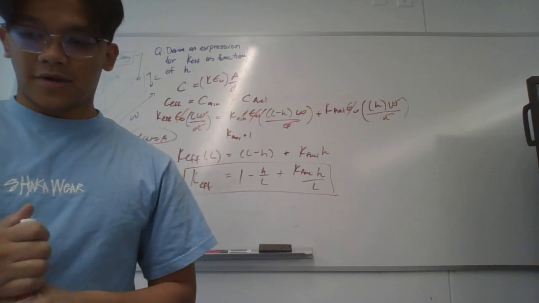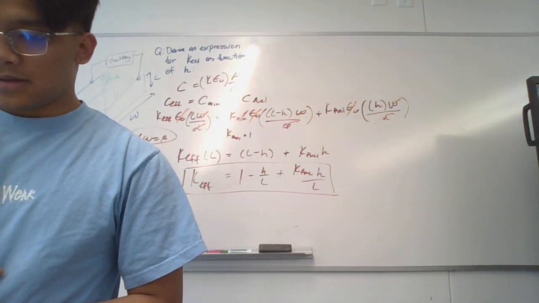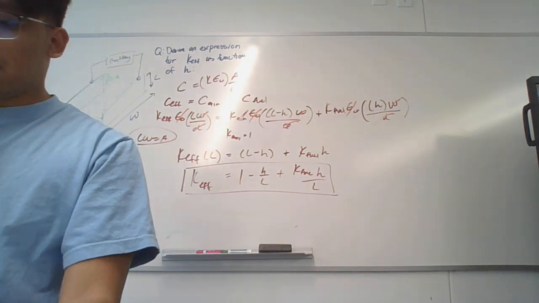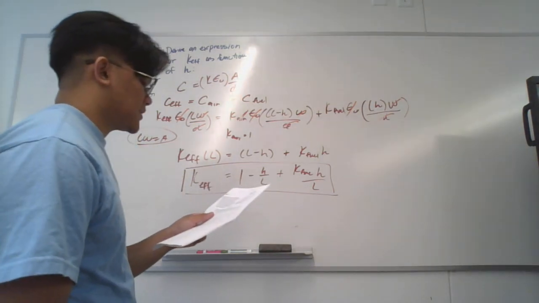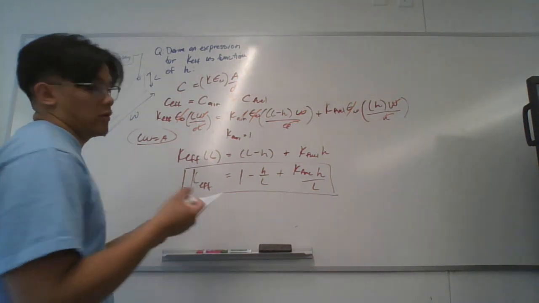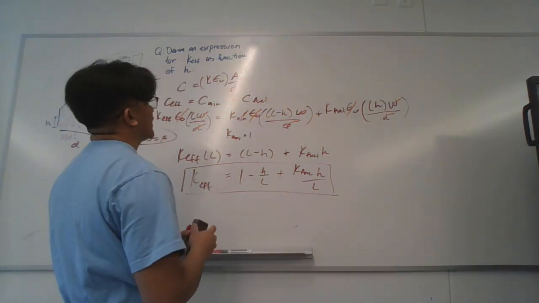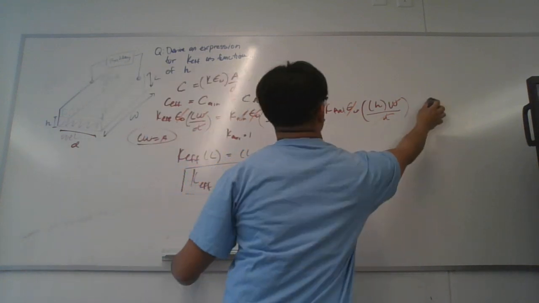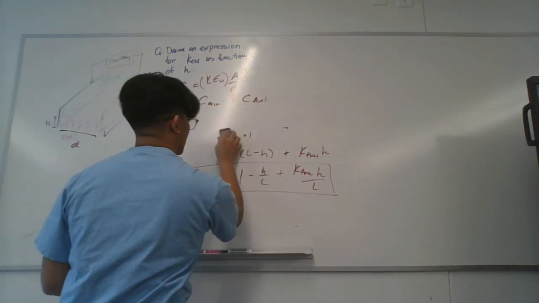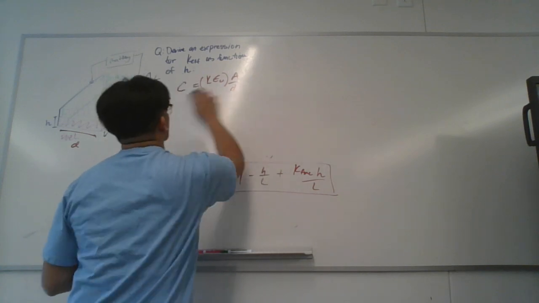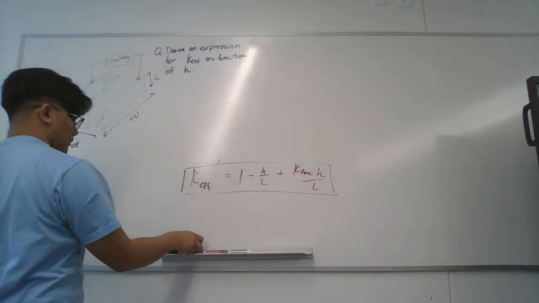For the second part, we're given a value here. It says, what is the effective dielectric constant if the tank is 3/4 full? So we're going to erase this part and think about this.